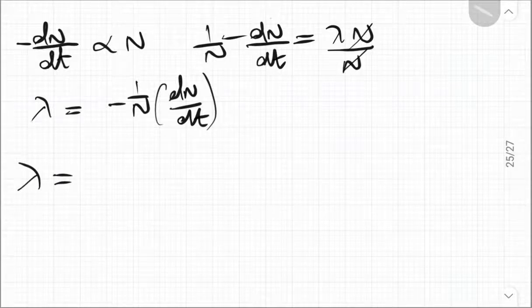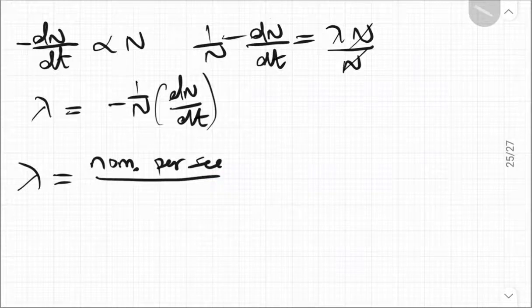So we have this. Of course, what this actually means is that this dN/dt here is actually the number that will disintegrate per second, right? So let me use that for the number that will disintegrate per second, then that's all over the number present at that instant, right?